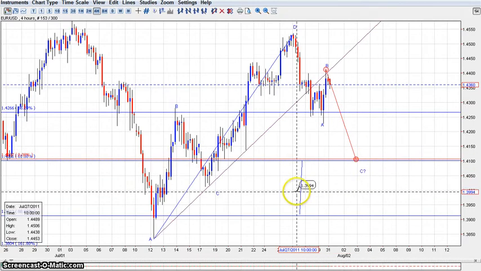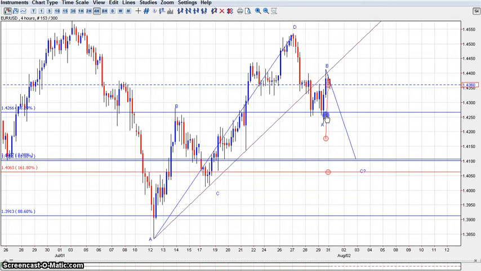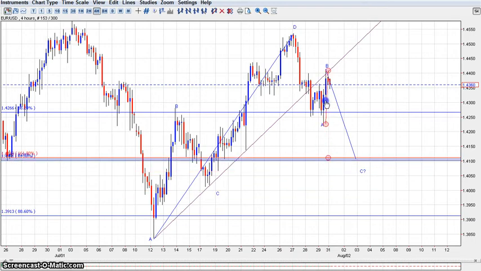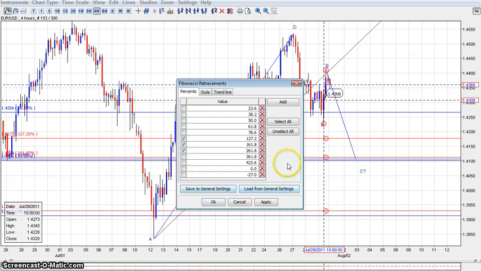And to complement that, if I do an extension of the AB leg, in this case the extensions will be 127, 161.8, 261.8, and so on and so forth. As you can see, the 261.8, which is this one right here, is way below, so we can just eliminate that.